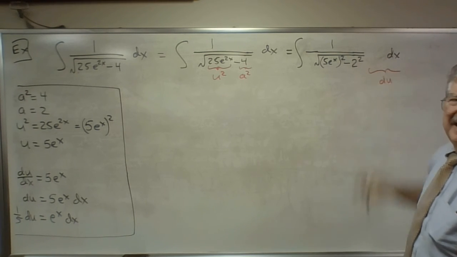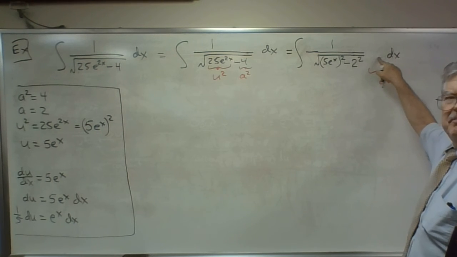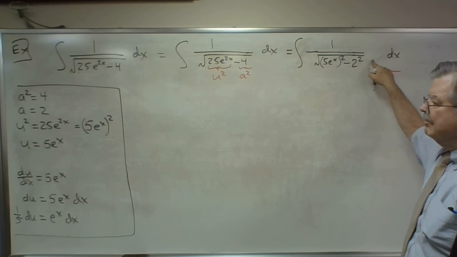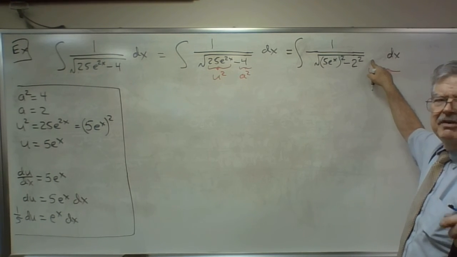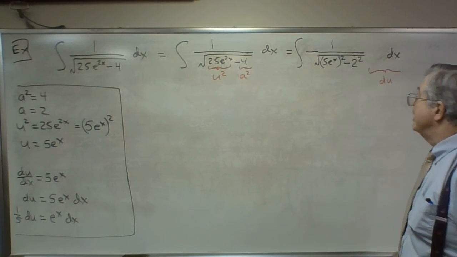And this is all I got. So that's problem number one. I'm missing 5 e to the x here. Now the 5 is not that important, but the e to the x, that's a problem. I don't have it here.